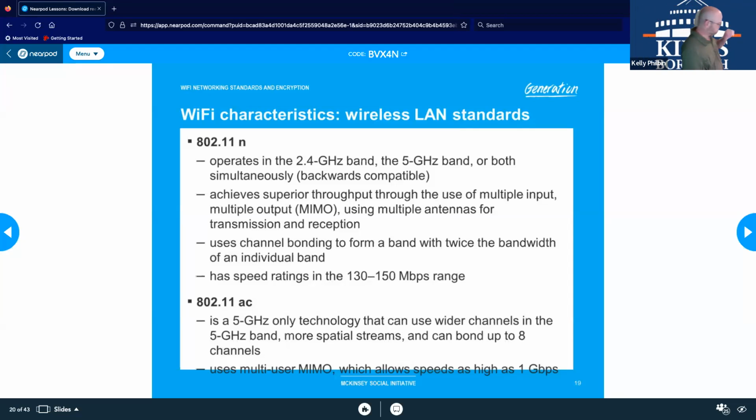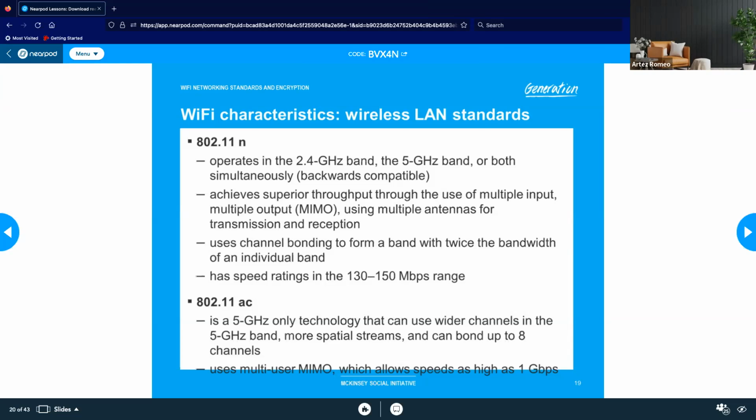The last one, which is not on here, is 802.11ax, which is sometimes referred to as Wi-Fi 6. This one uses the 2.4 gigahertz, the 5 gigahertz, and now the 6 gigahertz. All three of them? All three?